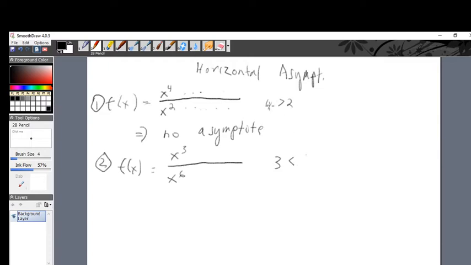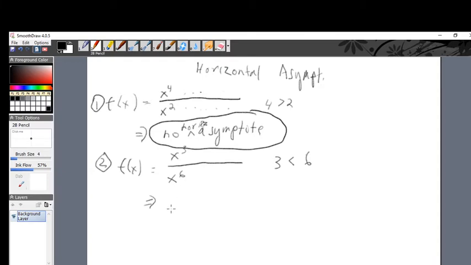I'm putting the top first. 4 is greater than 2 there, and here 3 is less than 6. So the degree on top is less than the one on the bottom. The answer over here was no horizontal asymptote. I'm sorry, I should have put no horizontal asymptote.